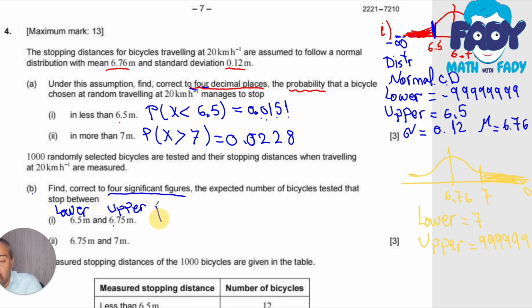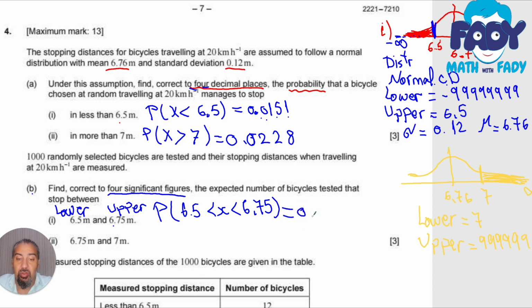Once you do this, you find the probability that x is between 6.5 and 6.75, which will be 0.4517.